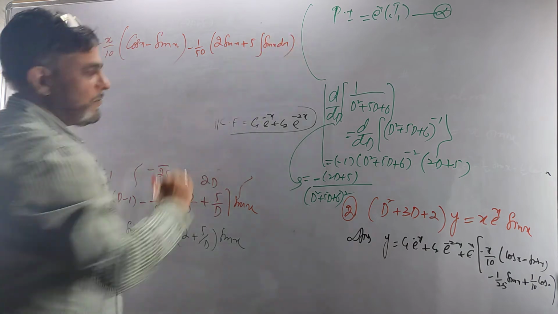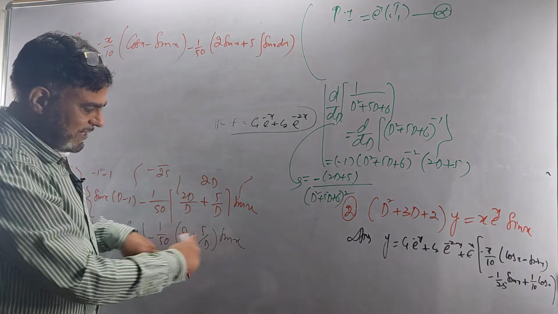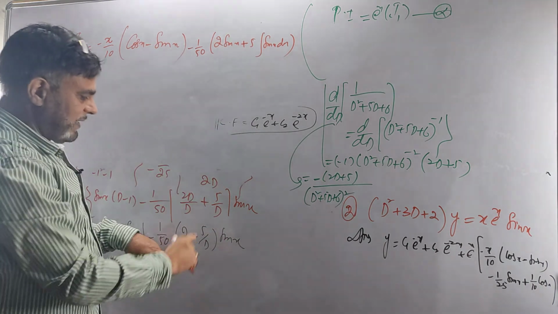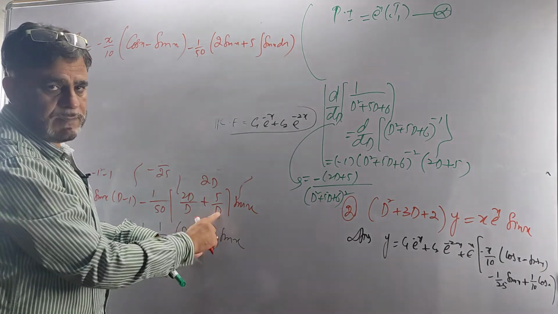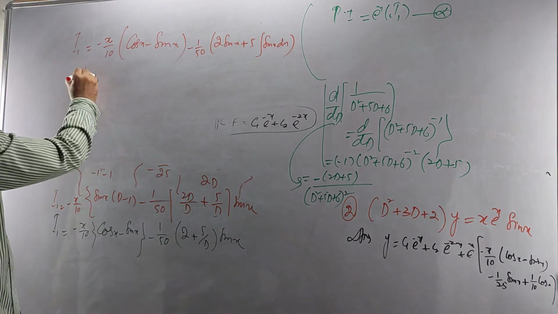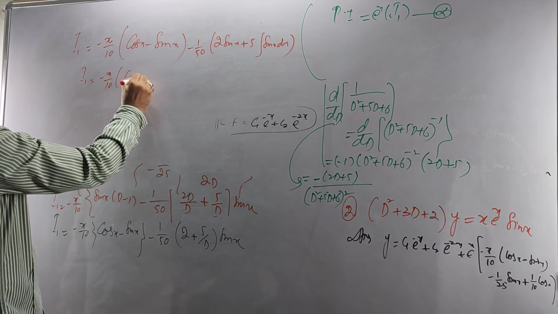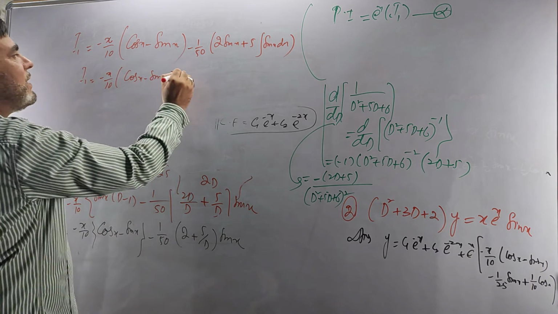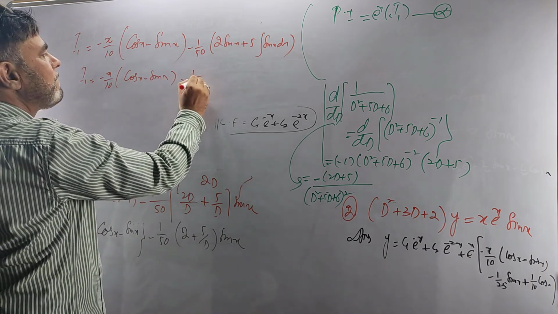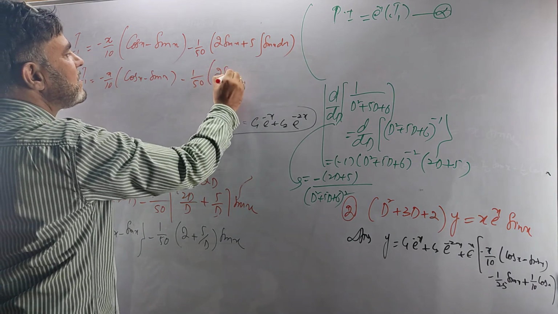Why integral of sine? Because it is operating 1 by d of sine x. When you take sine x here, twice sine x, then 5 times 1 by d of sine x. 1 by d of sine x means integral of sine x. So it is I1 is minus x by 10, this is cos x minus sine x, this is minus 1 by 50, this is your twice sine x.